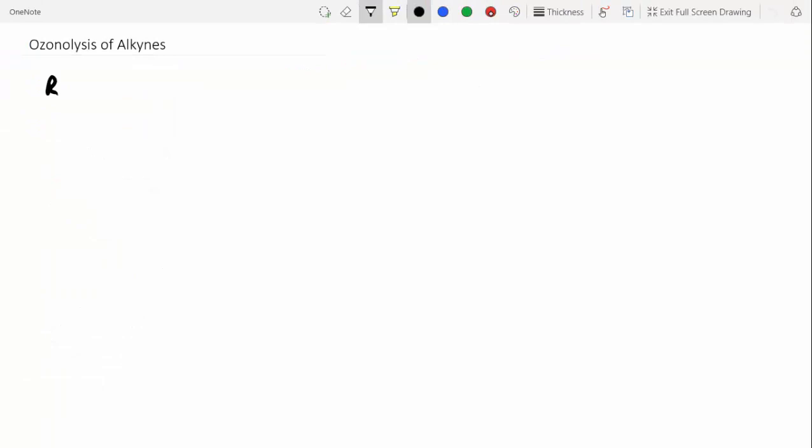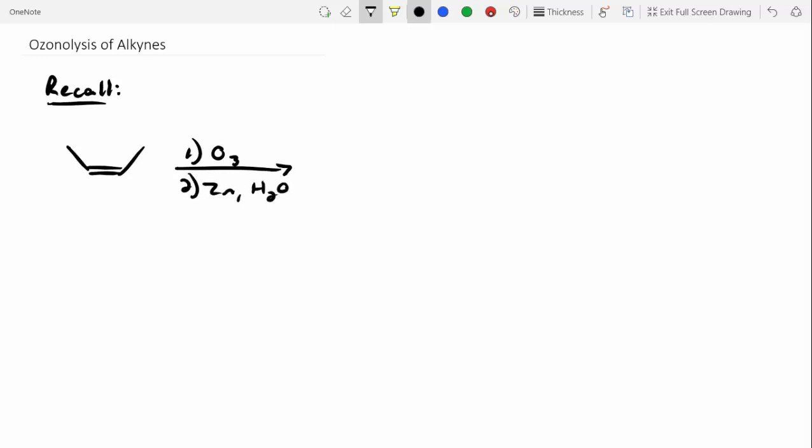So let's briefly review our alkene ozonolysis. And let's say I'm starting with this alkene. I'm going to treat it with ozone, followed by zinc and water reduction. What will my final product look like?